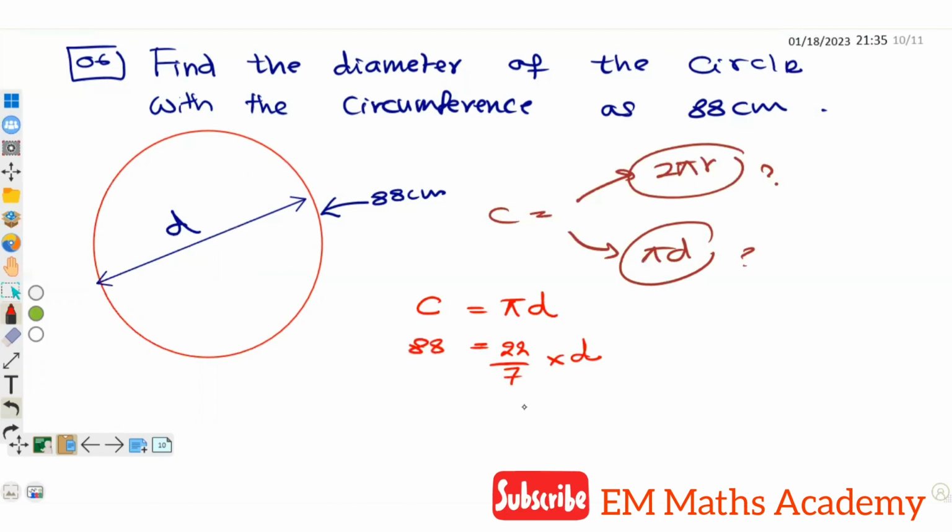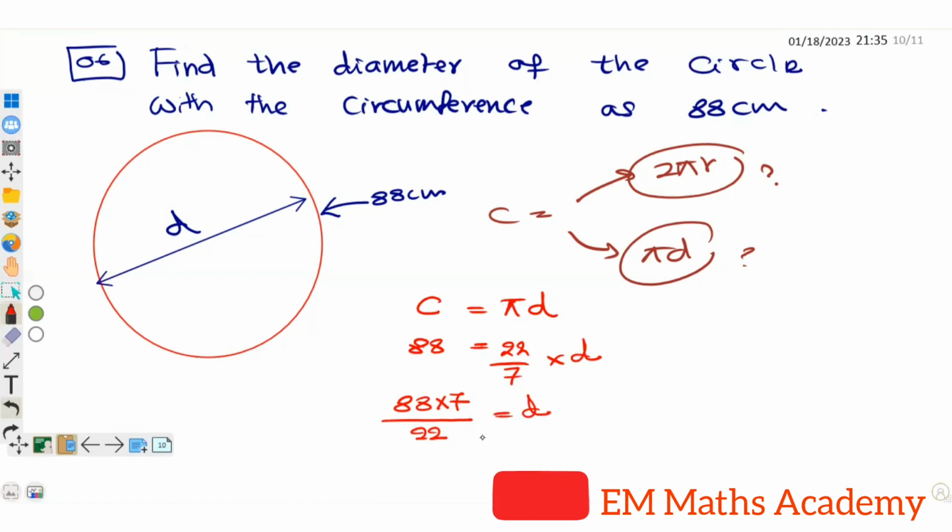Okay. So now the denominator values go to the numerator and they join with a multiplication symbol. Numerator values come to the denominator. It is 22.